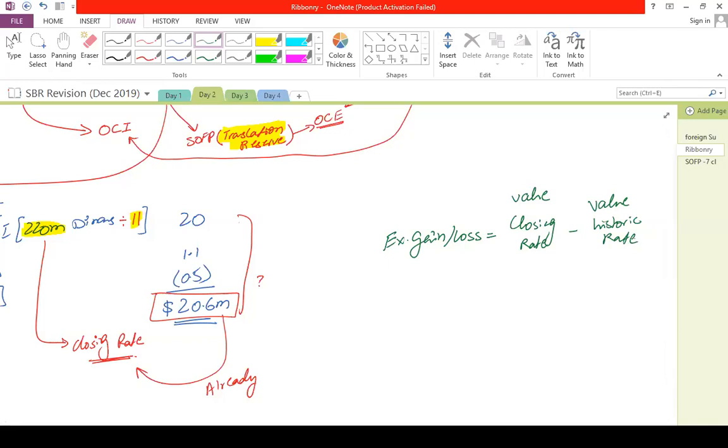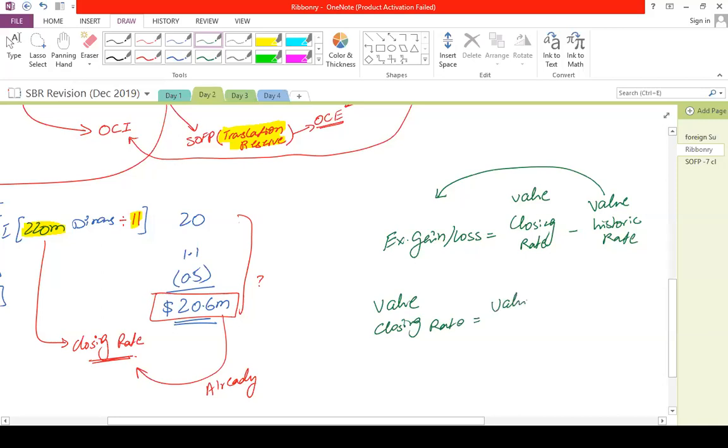So now if I take this value over there, I'm going to say the value at the closing rate is equal to the value at the historic rate, plus the exchange gain or loss. So anything which is at the historic rate, if we add the exchange gain or loss into that, will automatically come to the closing rate.